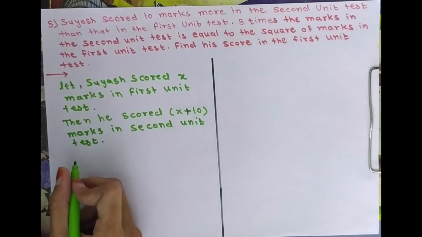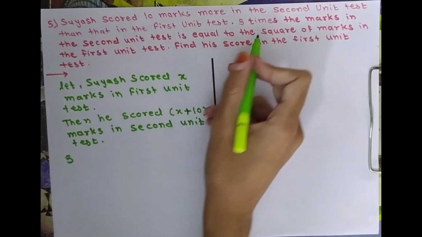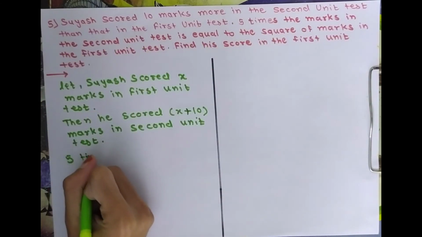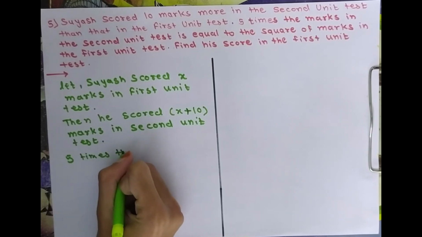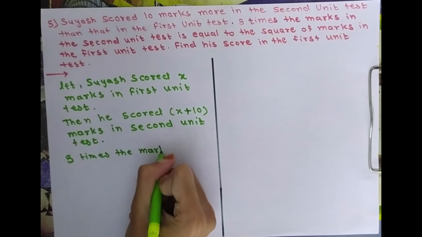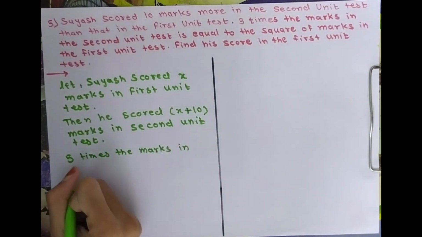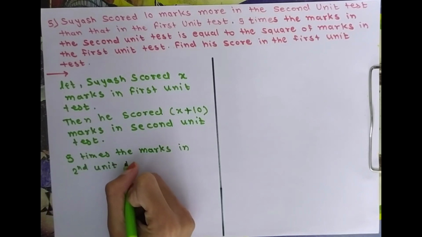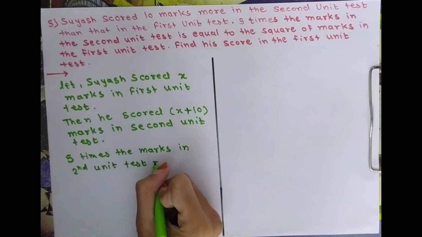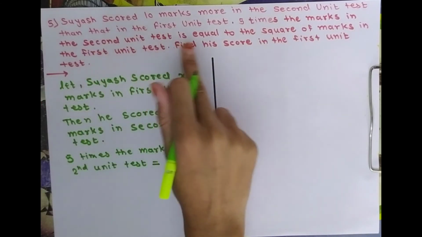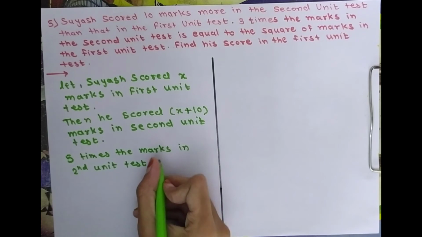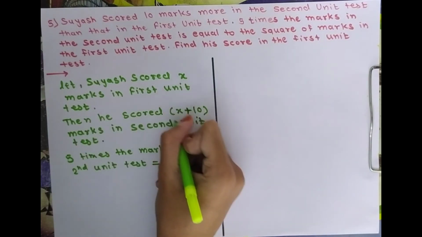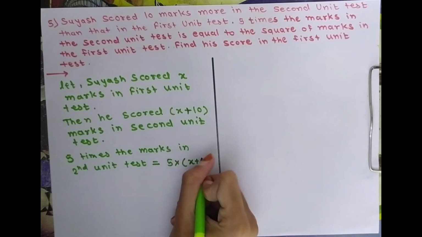Therefore, 5 times the marks. Now here what? 5 times the marks in the second unit test. 5 times means 5 multiplied by second unit test score, which is X plus 10.